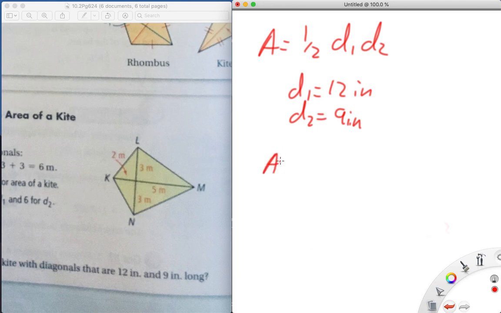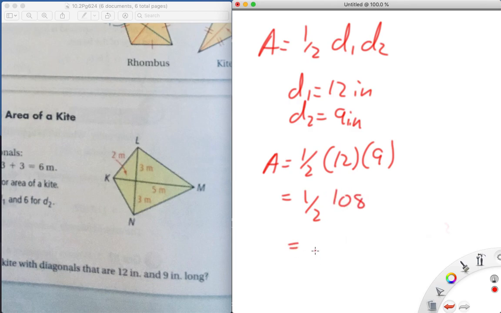So area equals 1/2 times 12 times 9, which equals 1/2 of 108, which equals 54. Remember that our units are squared, so 54 centimeters squared.